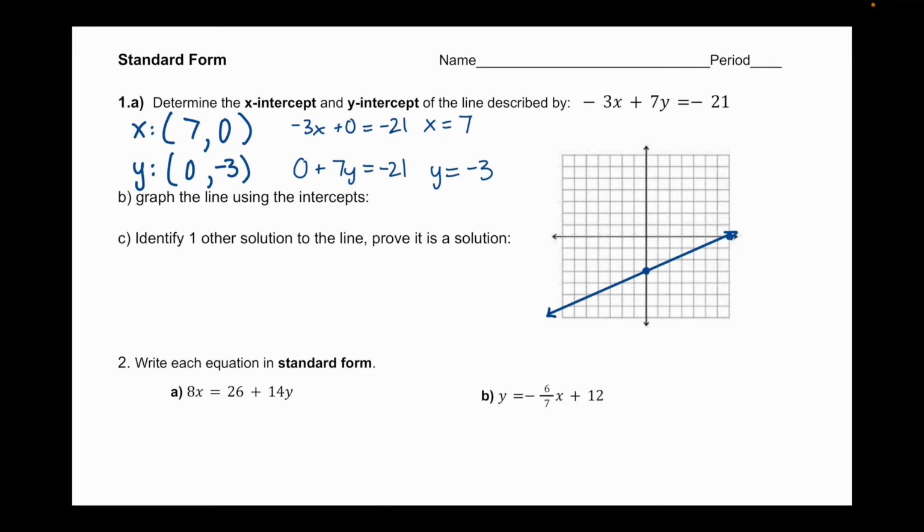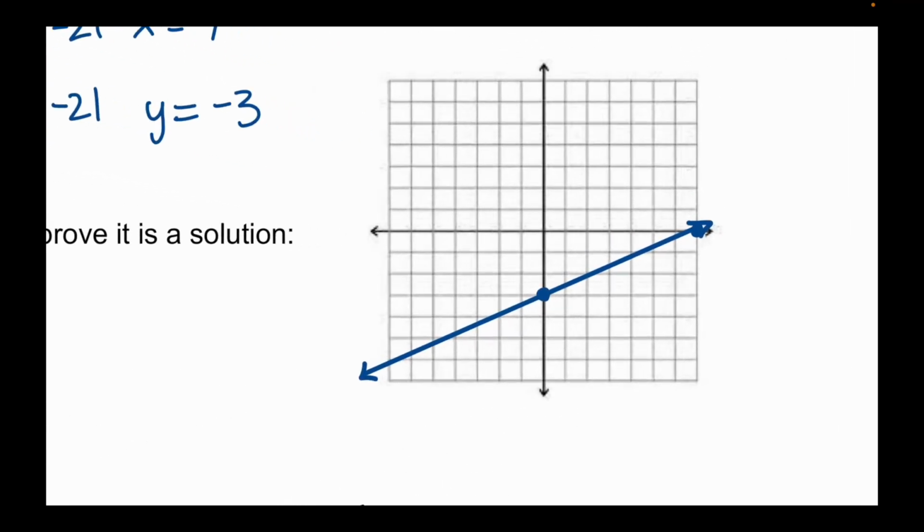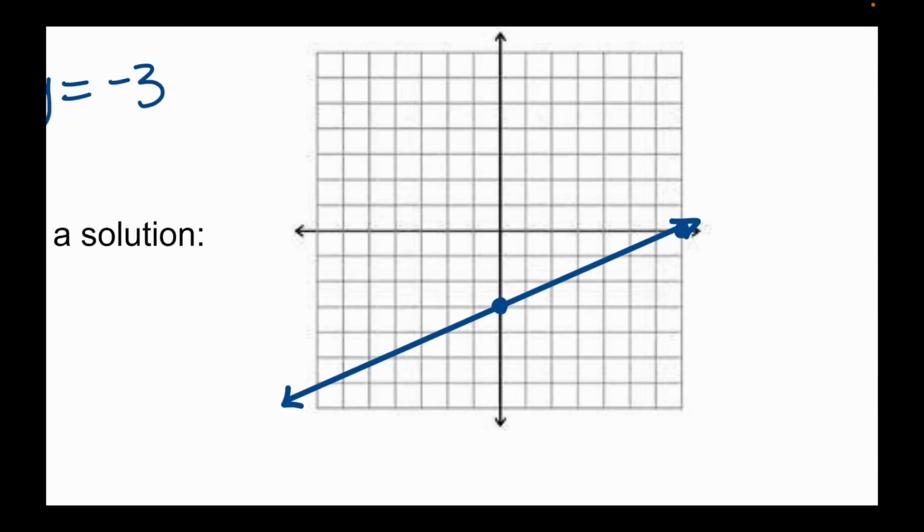So now we want to identify one other solution to the line and prove that it's a solution. So we're going to look for a place where these would cross, what I would call kind of like a corner. We can follow our same sort of pattern.